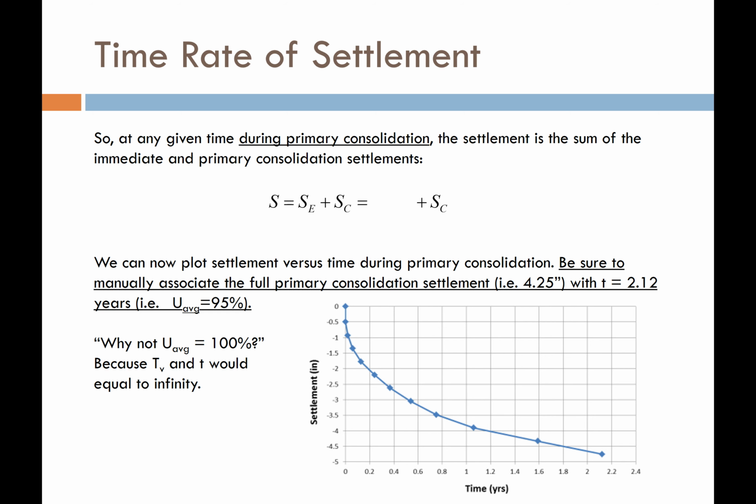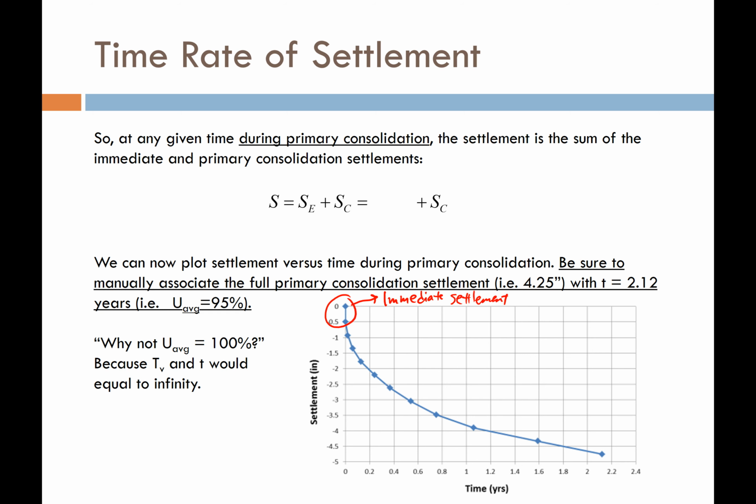So notice, by the way, at time equals 0, that I have an immediate settlement of 0.5 inches. Where is that coming from? Well, remember, that's coming from the immediate settlement that we computed from our sand layer.